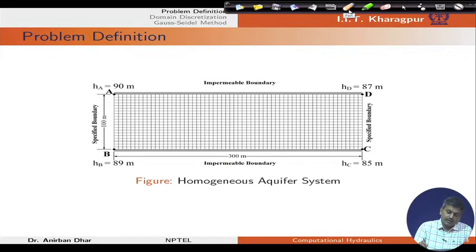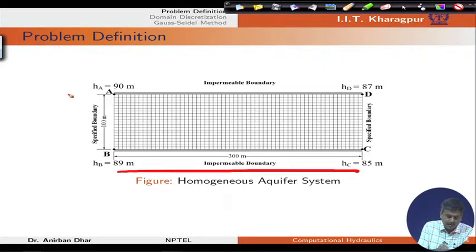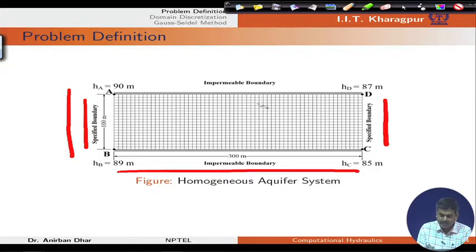In this case, let us say this is 300 meter length, 100 meter on this side, and the left hand boundary is specified, the right hand boundary is specified, the top boundary is impermeable, and the bottom boundary is again impermeable.